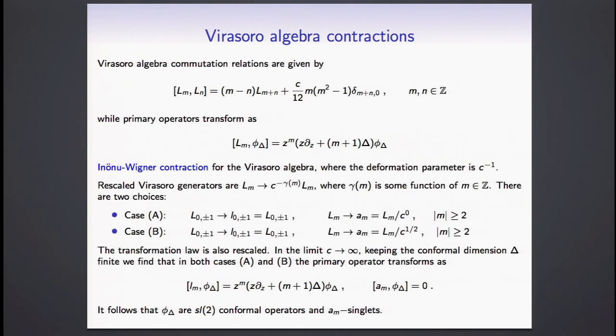It means precisely that the finite dimensional part of the Virasoro generators remains intact, while other Virasoro operators are rescaled in different ways. Since we also consider primary operators, we can show that this transformation law reduces to this general relation saying that the primary field is still an SL2 primary field, but with respect to these higher order Virasoro generators, it's just a singlet.